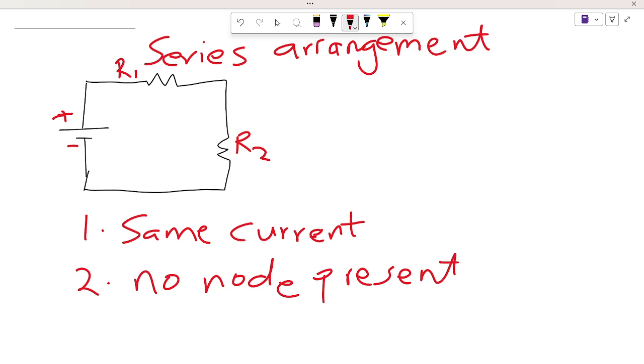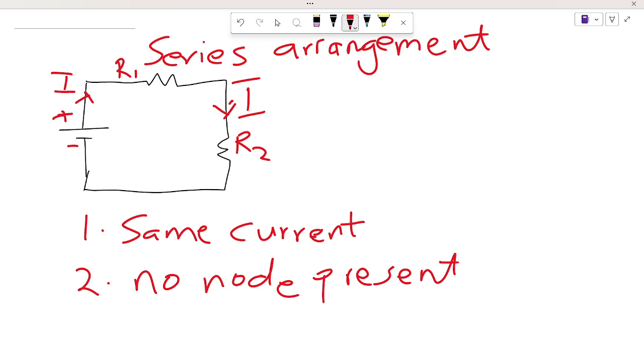For every circuit, the current flows from the positive terminal to the negative terminal. So the same current flowing through R1 is the same current that's going to flow through R2, and also there's no node or junction present.